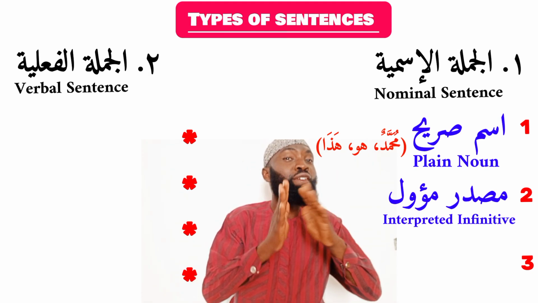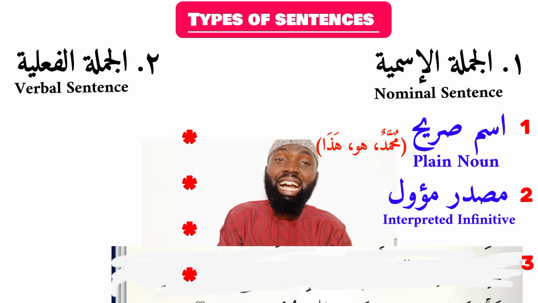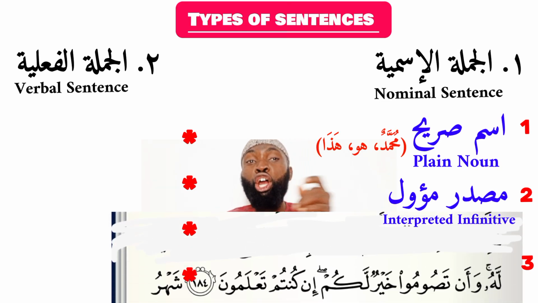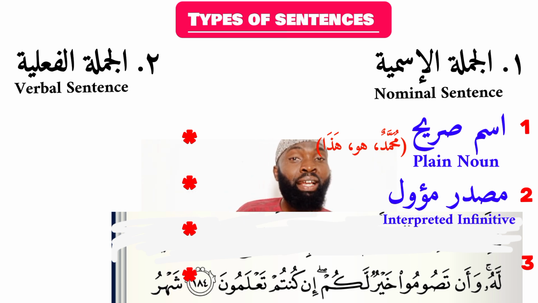Normally, we are going to give a lot of examples to clarify this. In the Quran, Allah says: "wa an tasumu khairun lakum", and that you fast is better for you. The word "an tasumu", that you fast, you could simply say, and your fasting is better for you, meaning siyamukum khairun lakum or sawmukum khairun lakum.